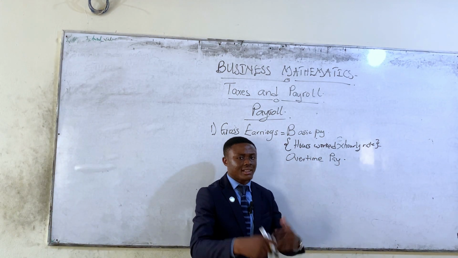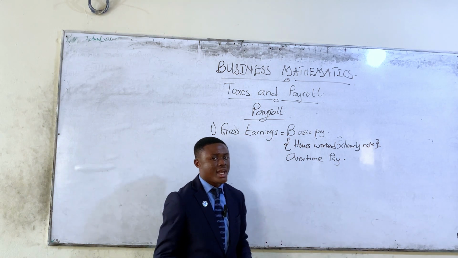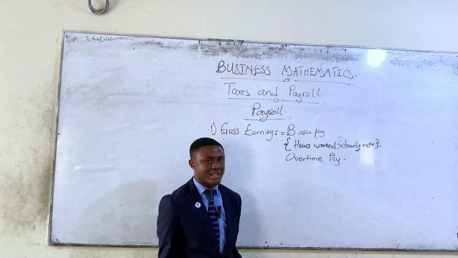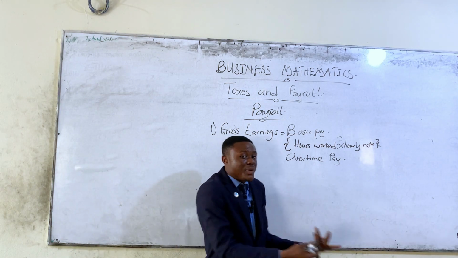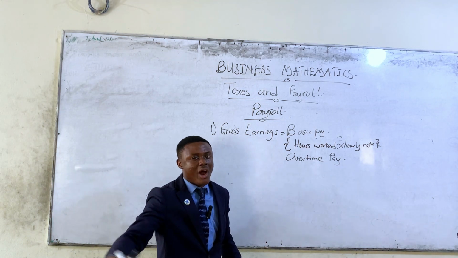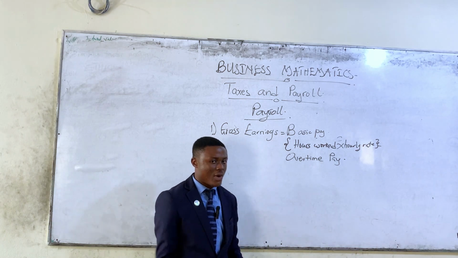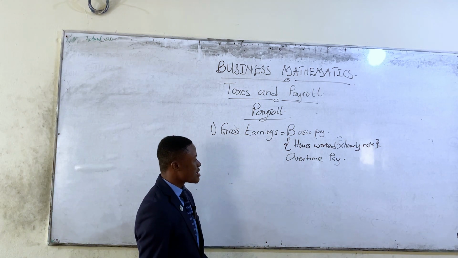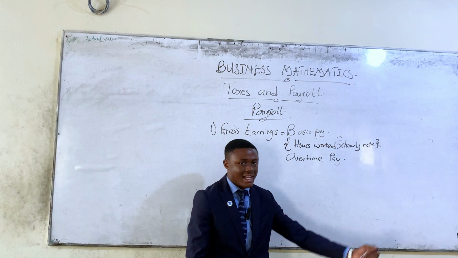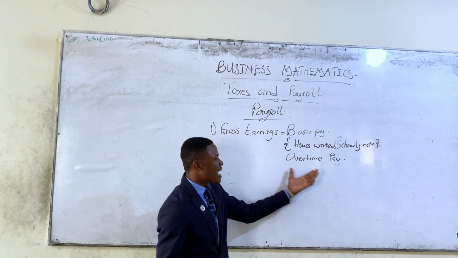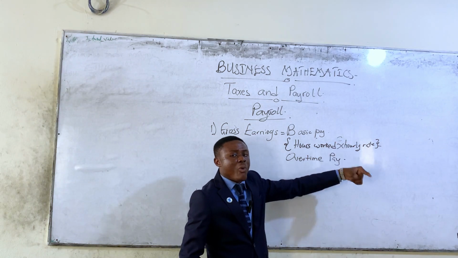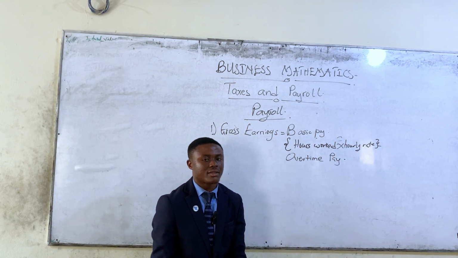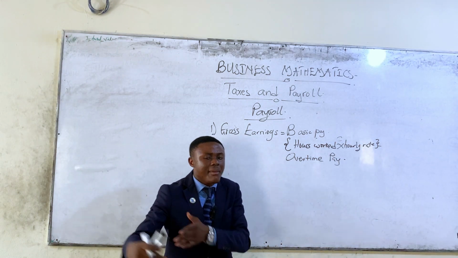Are we good? In our times, there are some organizations that pay you for your normal working days, but when you overwork, they have an amount of money that they pay you according to the number of hours that you overworked. Great. So with this overtime pay, you take the number of hours overworked by what? Your overtime hourly rate.